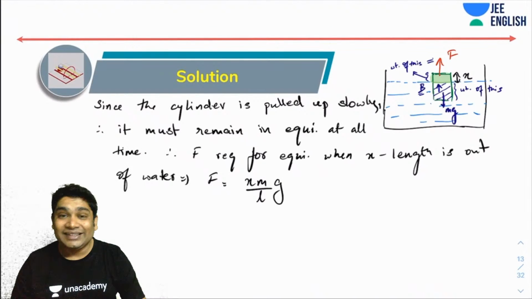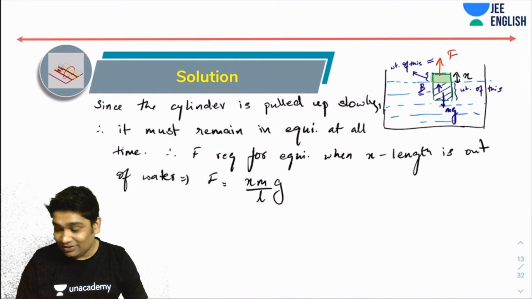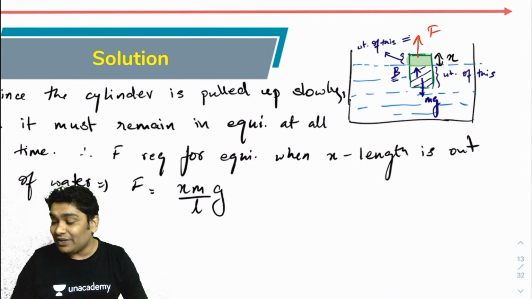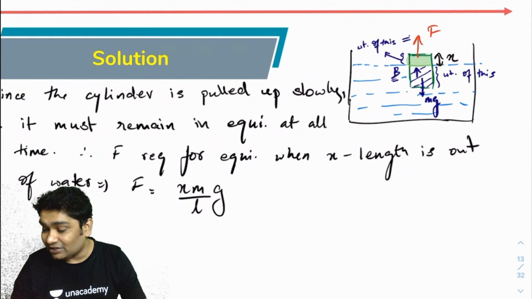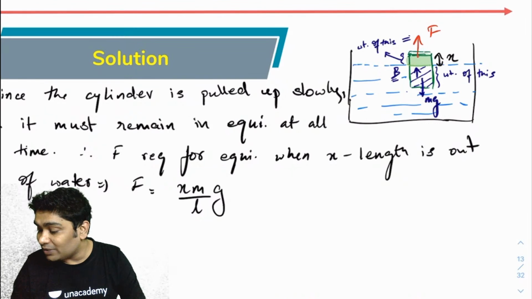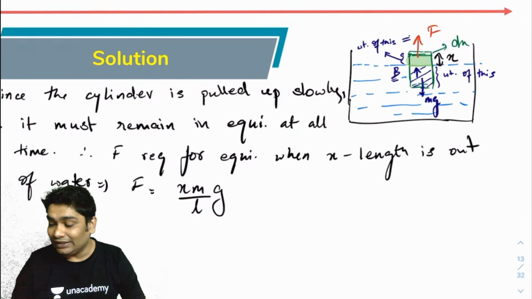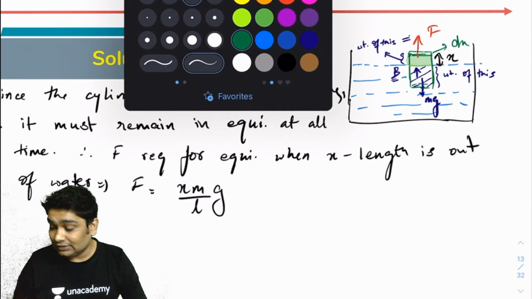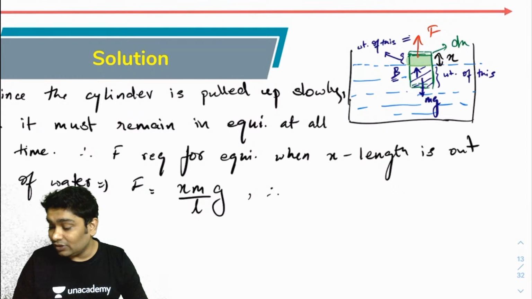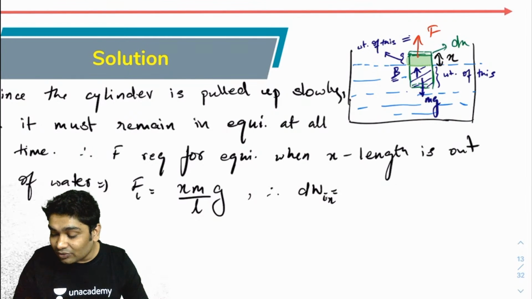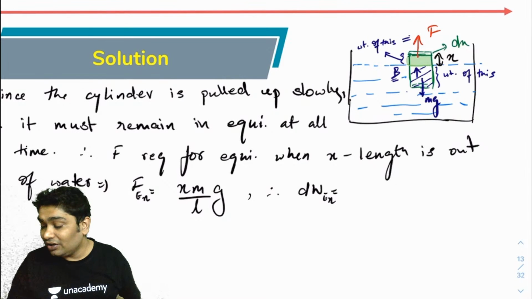Now, the moment you displace it by a small amount dx upwards, what is the work? Therefore, dW, the work done by the external agent, is x mg over L into dx.